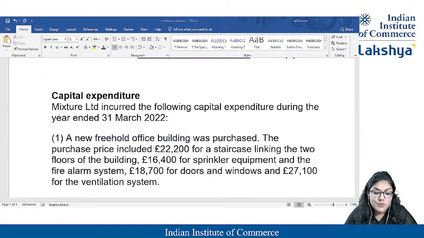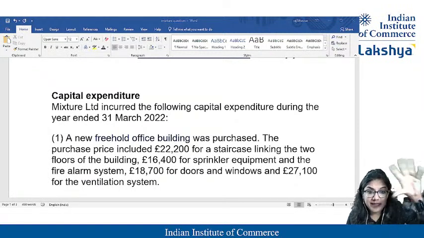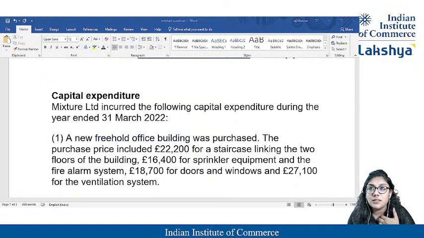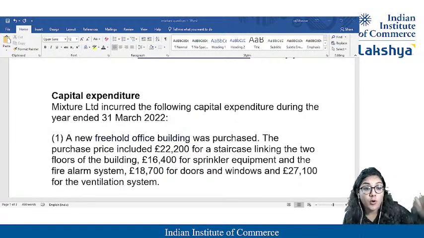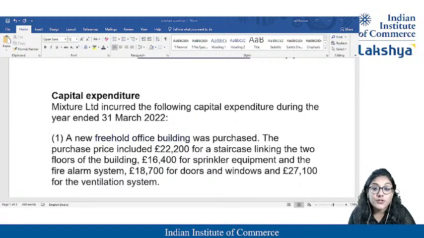But students, tell me, is a staircase part of the building? Yes, ma'am, obviously it's a building, it's not machinery. Is a door a building? Yes, ma'am, doors are also building. But if they have a fire extinguisher, or movable walls, is that a building? Students, that is not a building. That is plant and machinery.